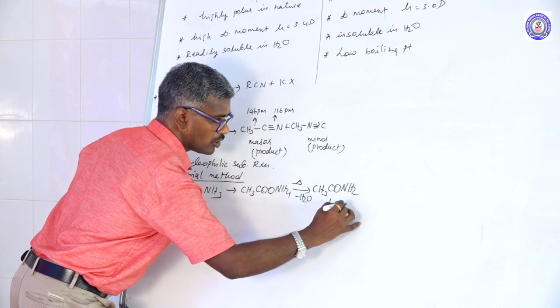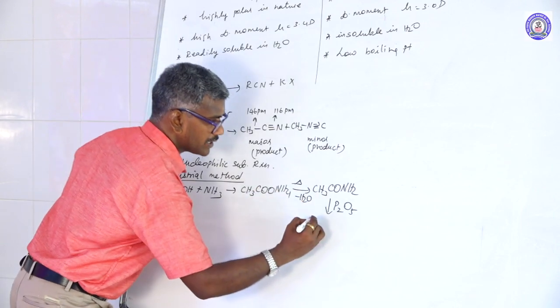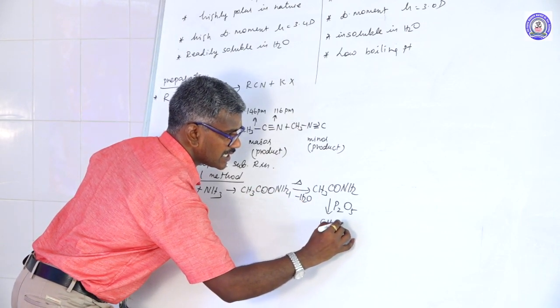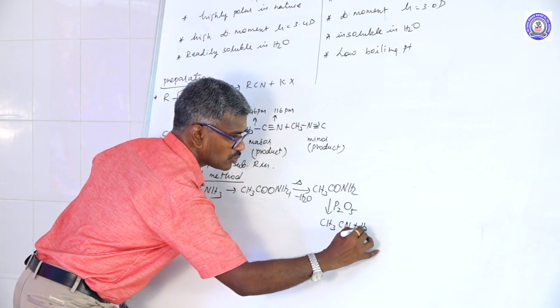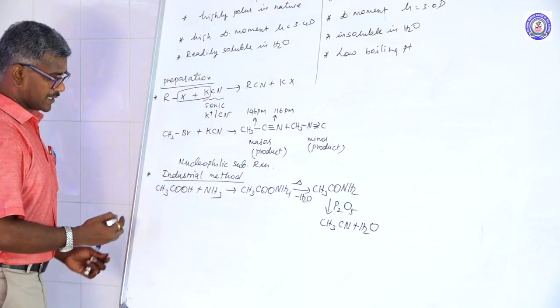Further treated with P2O5. P2O5 is a powerful dehydrating agent. It removes water to form CH3CN plus H2O. This is the preparation of methyl cyanide.